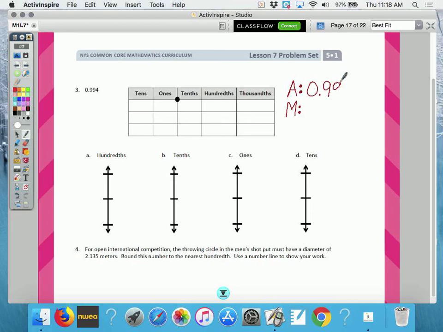We've not had one with a 0 in the ones place before, have we? No. Okay. So we've got 994 thousandths. And there's no point in moving the 0 over to the tenths, is there? No. So I'll just move the tenths over to the hundredths.